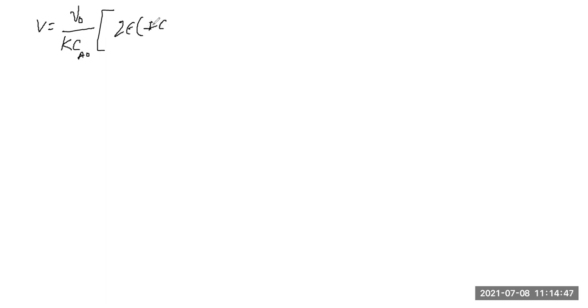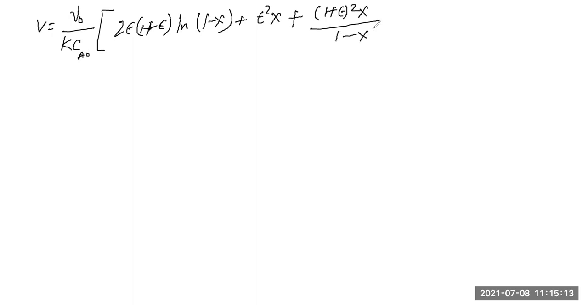I did this and we do get this: epsilon (1 plus epsilon) logarithm of (1 minus X), plus epsilon square X plus (1 plus epsilon) square X divided by (1 minus X). This is what you will get after solving that integral.